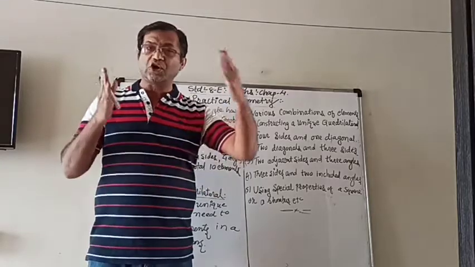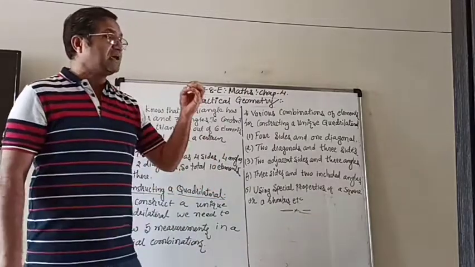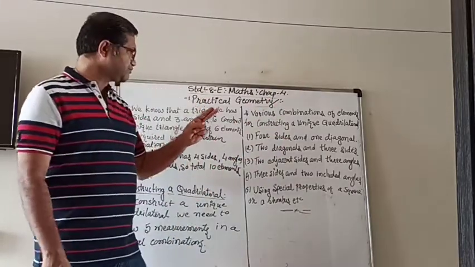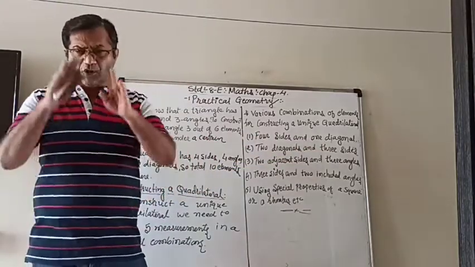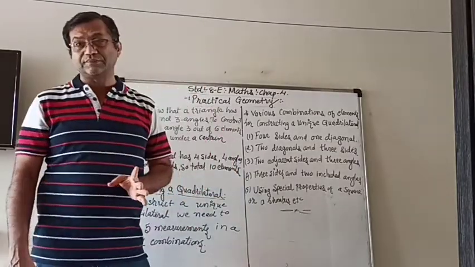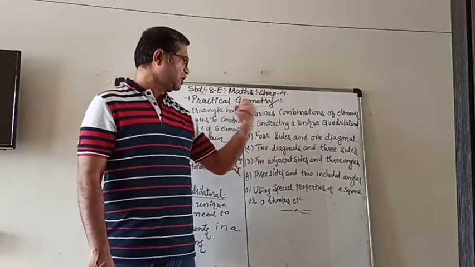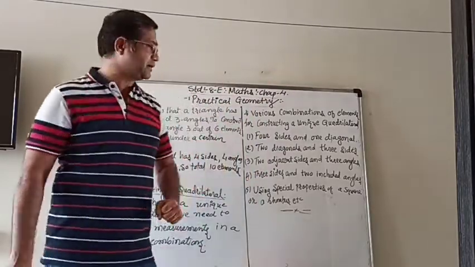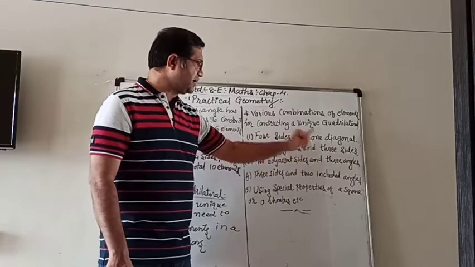Diagonal means when we join the 2 opposite vertices, then that line segment is known as the diagonal of the quadrilateral. Second combination, 2 diagonals and 3 sides. If all 4 sides are not given, 3 sides, and then both the diagonals should be given. So both diagonals and any 3 side measurements are given, then also we can construct a quadrilateral uniquely. Third situation, 2 adjacent sides and 3 angles.